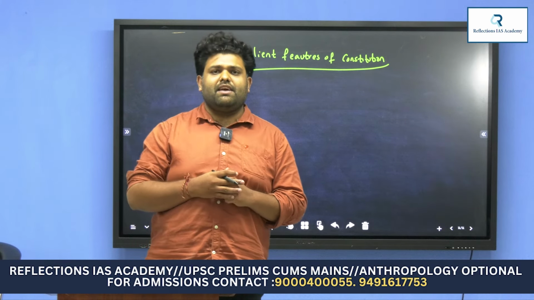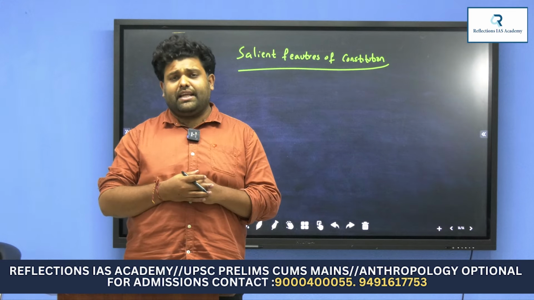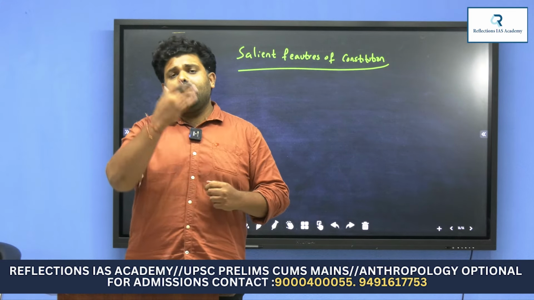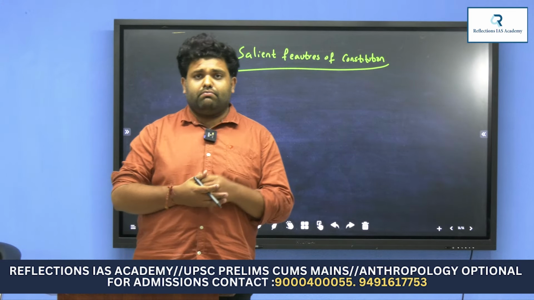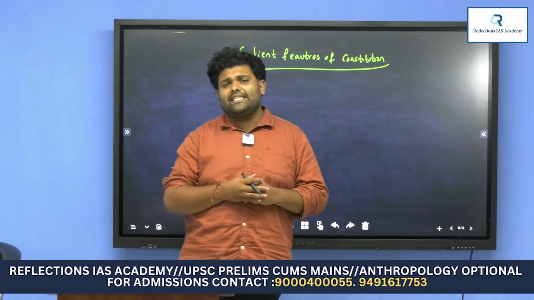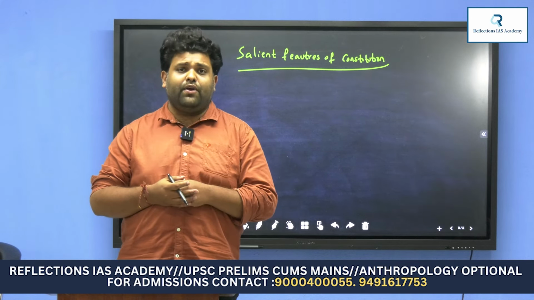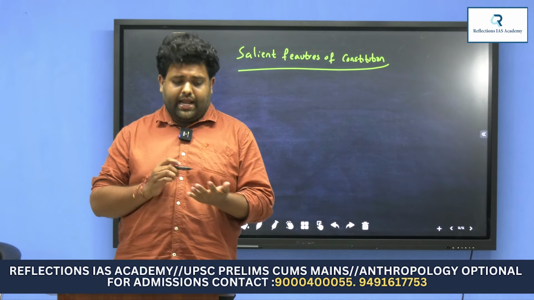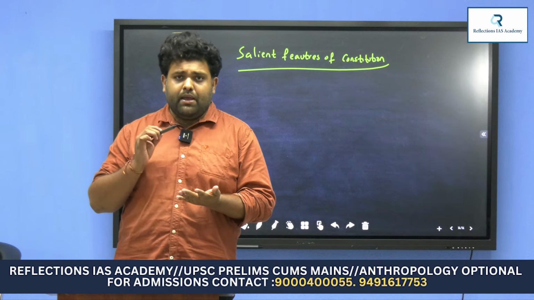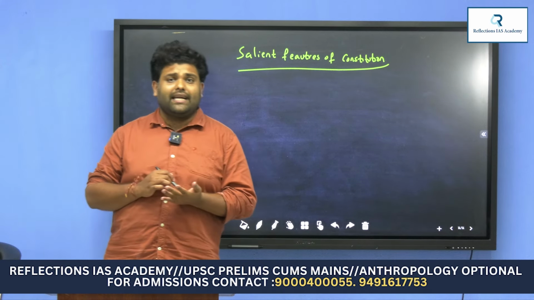So, in 1765, the East India Company, they started as a trading company, but they became very powerful and they created their own acts: Regulating Act 1773, Pitt's India Act 1784, then you had Charter Act 1793.